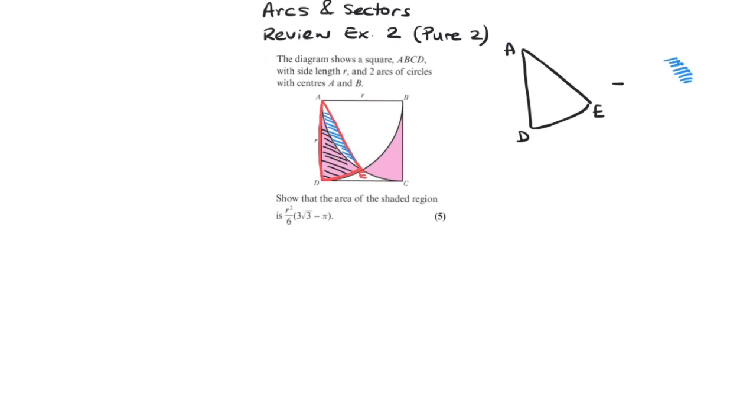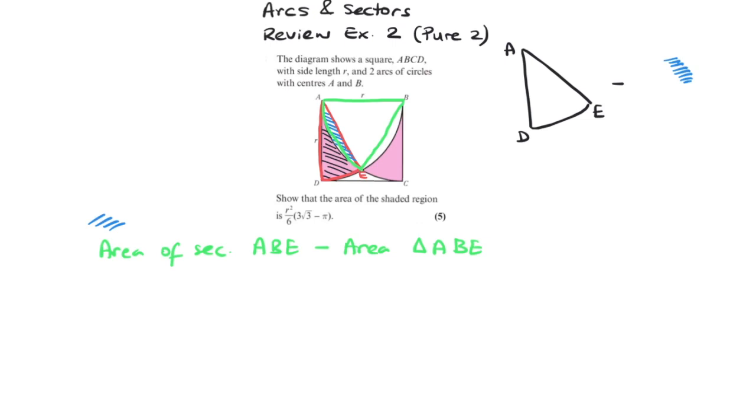If I consider the sector ABE, so this sector right here, and then consider the area of the triangle ABE, the area of sector ABE minus the area of triangle ABE will help me get my blue section.